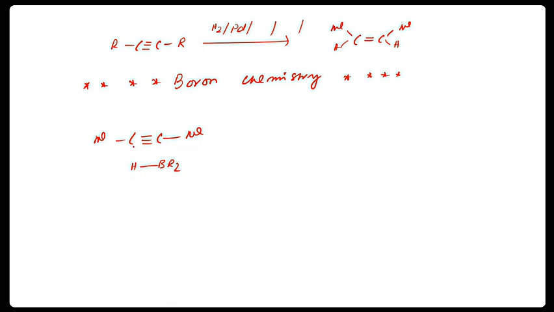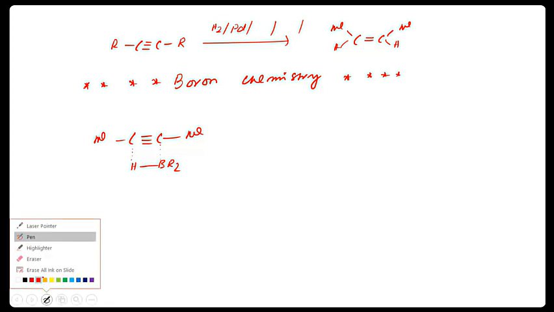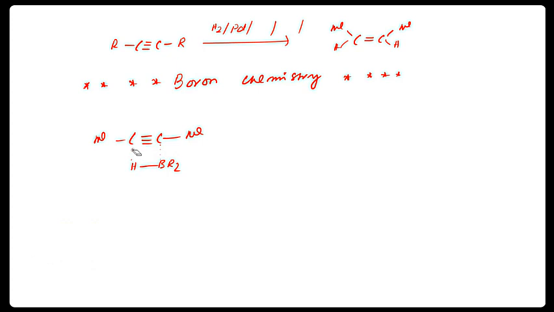We'll have a four-member ring formation basically here, and I will show it differently. C double bond C, H, BR2.